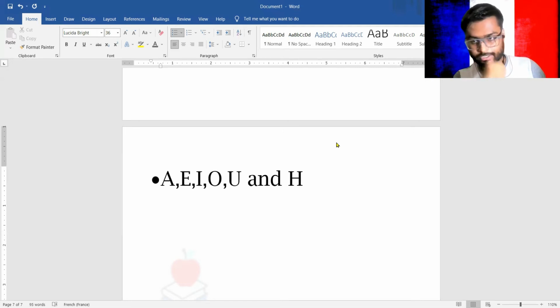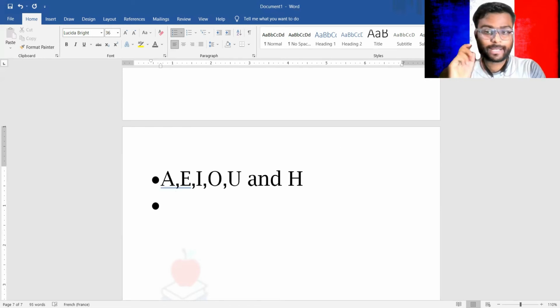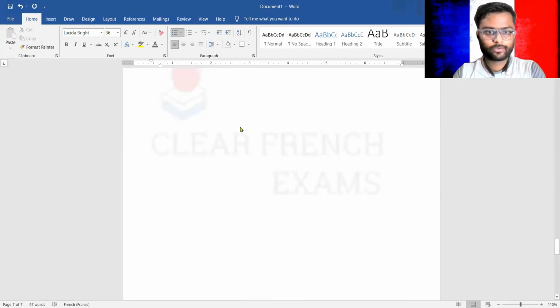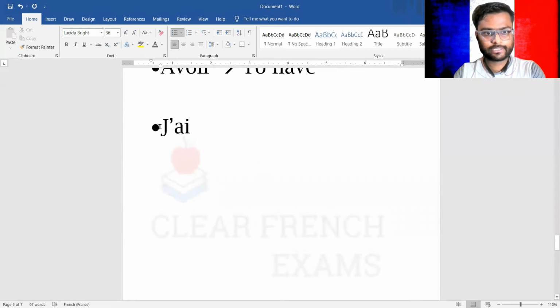When you reach your B2 level, you will realize that in some cases they don't change it. What I'm talking about is, suppose there are two vowels in front of each other. For example, je, a. The very first thing is je. Je is a subject and avoir is a conjugation related to this subject.